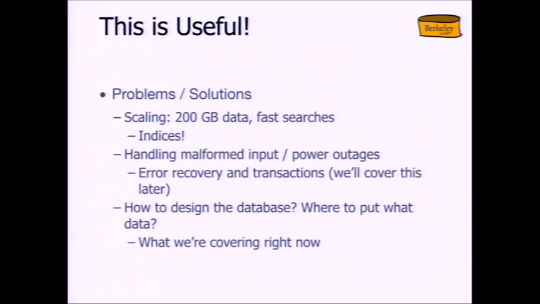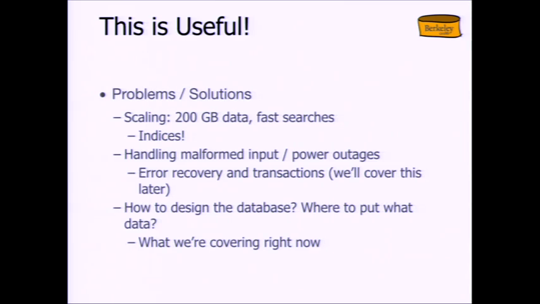So how do we do fast searches? Well, indices, right? We talked about indexes in class earlier. In fact, it was on your midterm. It turns out indices are really effective in real life, and they help you perform queries on your database a lot faster. Another issue that I ran into was handling bad input, or maybe during an update there's a power outage, and you're in the middle of some update, and everything crashes.